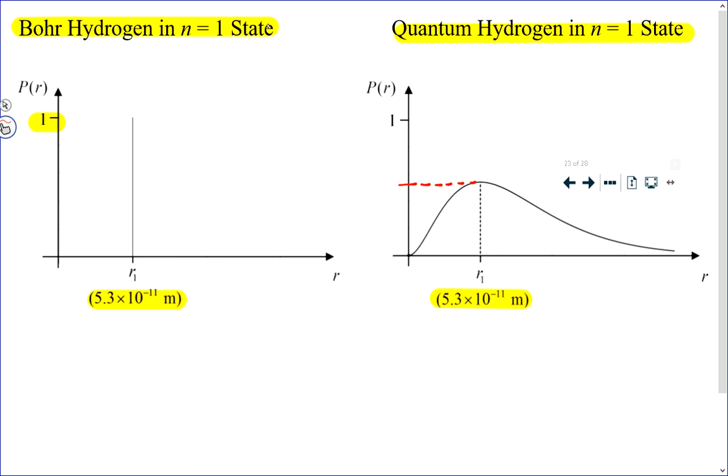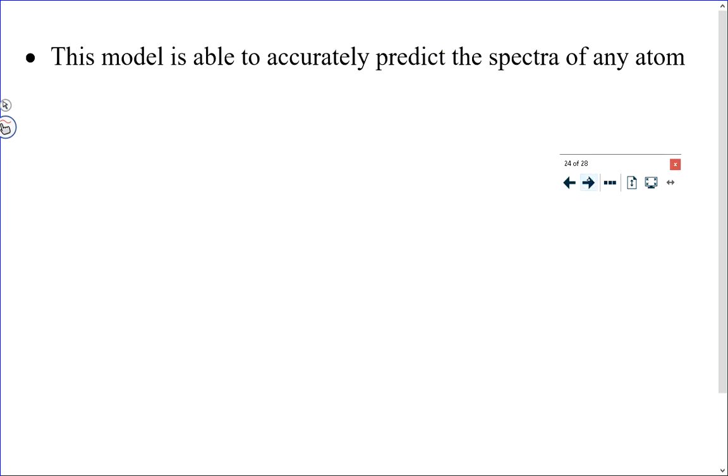We spent weeks and weeks looking at the hydrogen atom and the quantum mechanical model in terms of what it says the hydrogen atom is like. Anyway, this model of the atom is able to accurately predict the spectra of any atom.